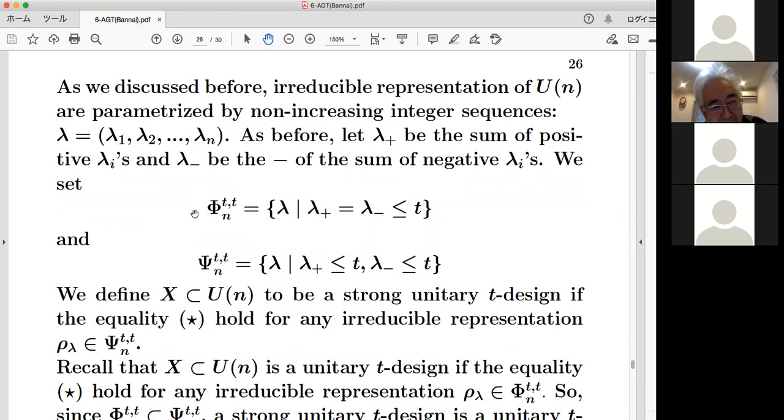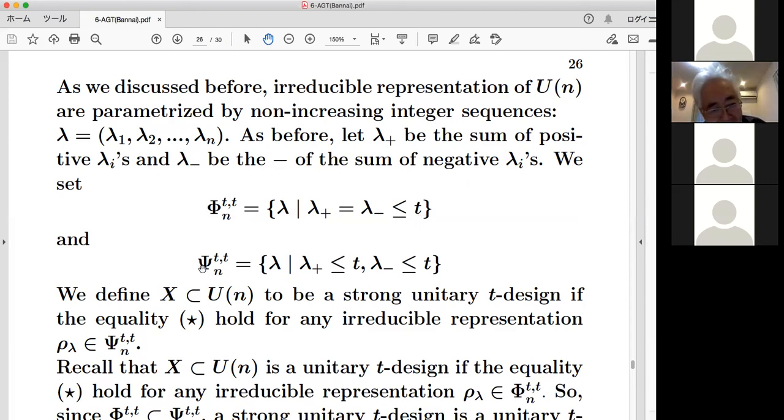And we introduce subsets of non-increasing integer sequences lambda. This is phi sub n,t. n is the dimension, and t is for those integer sequences lambda such that lambda plus is the same as lambda minus, and this is at most t.